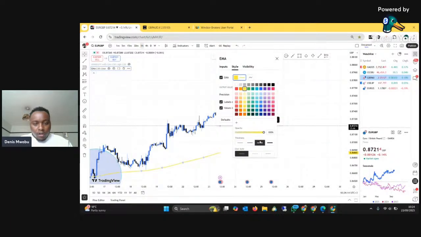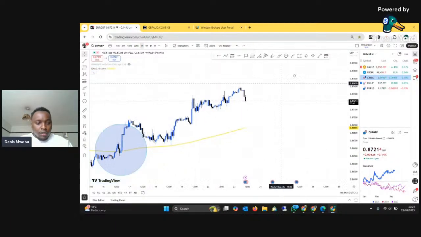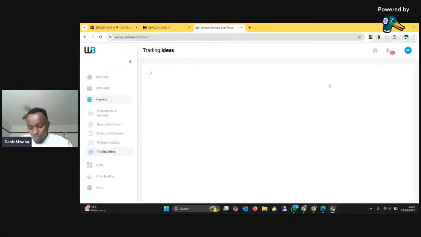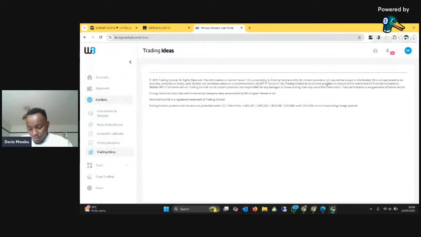Let's take a look at the trade ideas that you have been able to get here. I will just reload this page so that you can see if we have any updates.